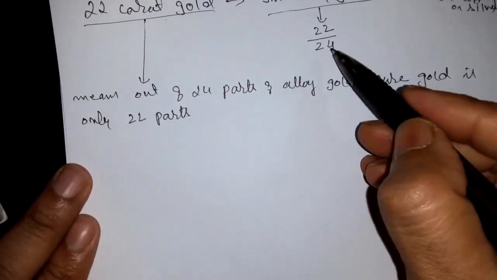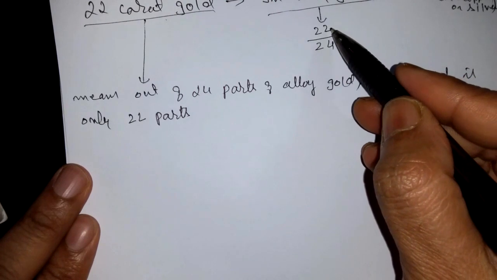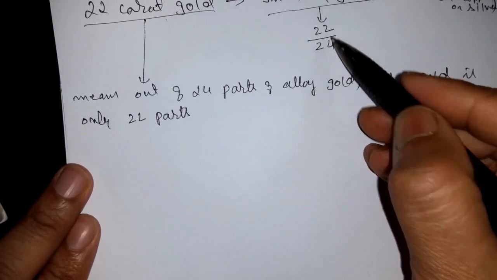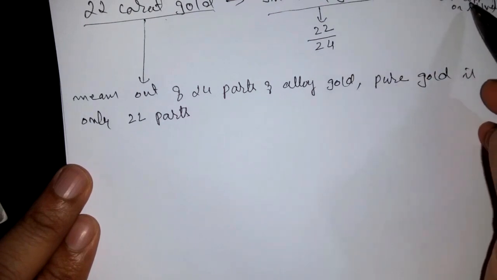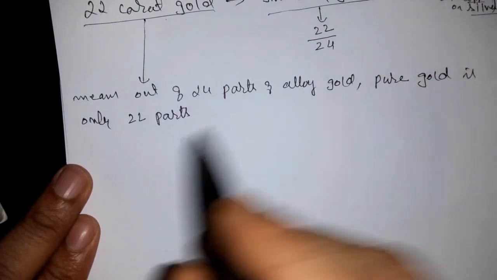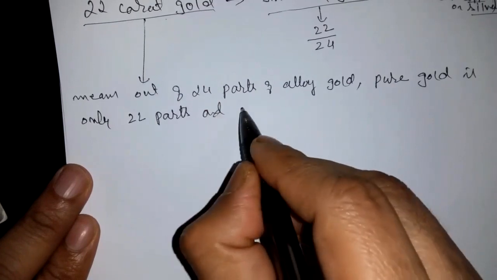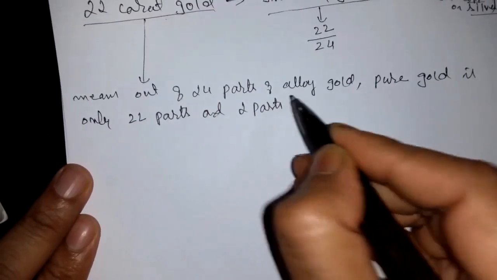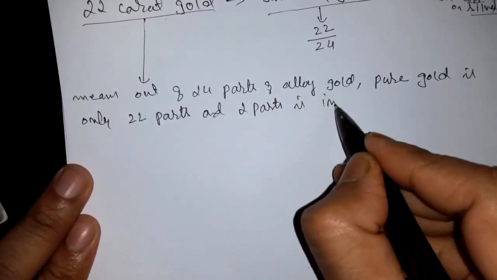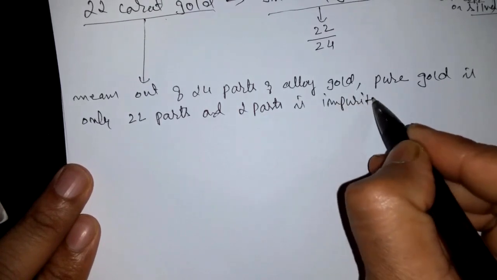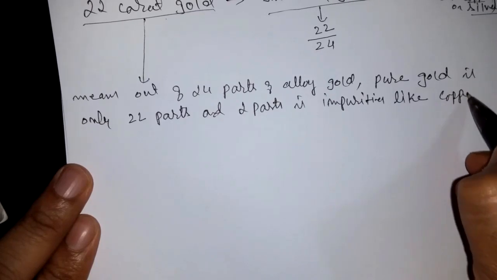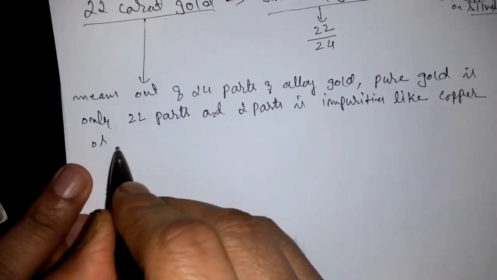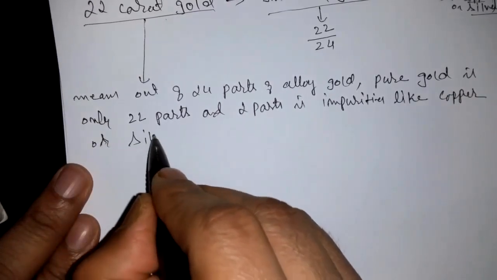That means out of 24 parts, 22 parts belong to pure gold, and how much part is missing, that is 2 parts, belongs to impurities like copper or silver.